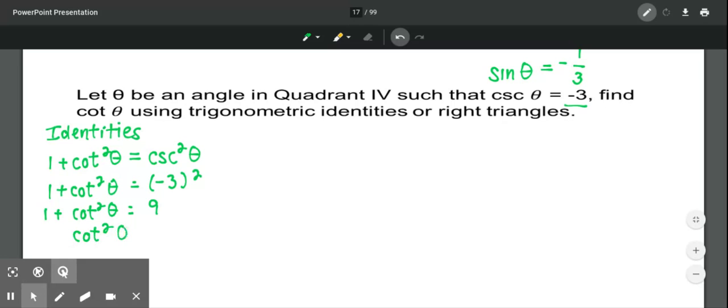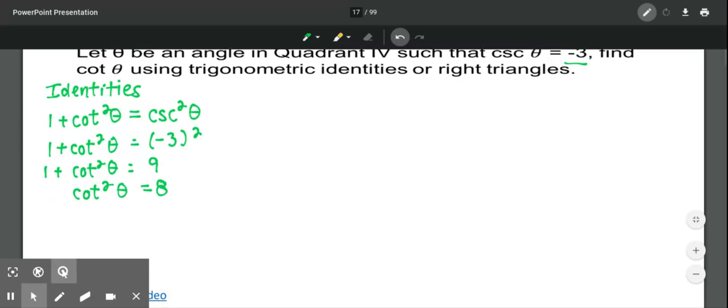So cotangent squared equals 8. And that would mean that the cotangent would equal the square root of 8. But you have to think about this, though. We are in quadrant 4, where your x is positive and your y is negative. So cotangent would need to be -√8, or if you simplified, -2 root 2.